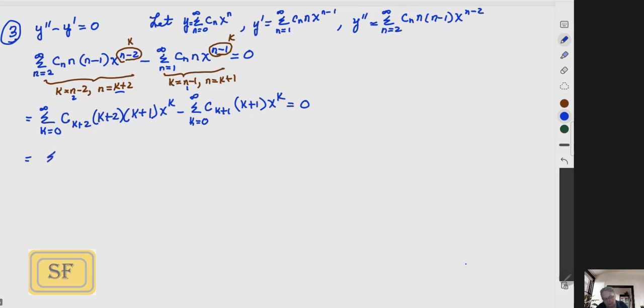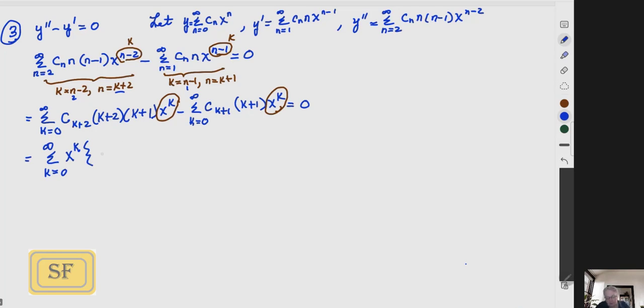And when I combine, we're going to have a common x to the k that will factor out. It is still inside of the summation because it involves k. Anything that involves k has to stay inside the summation.